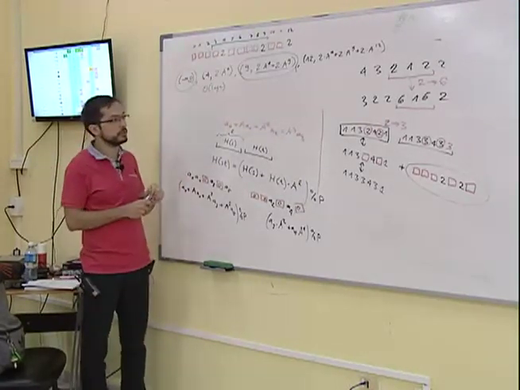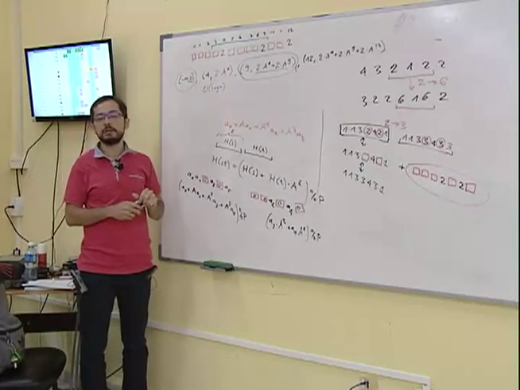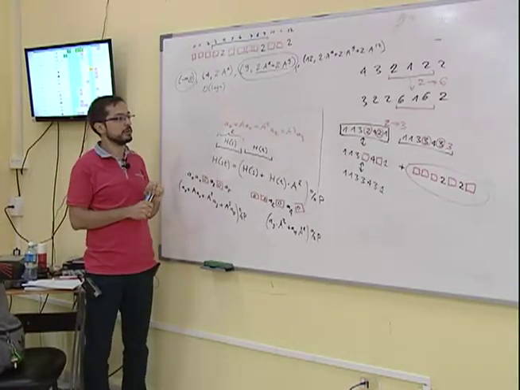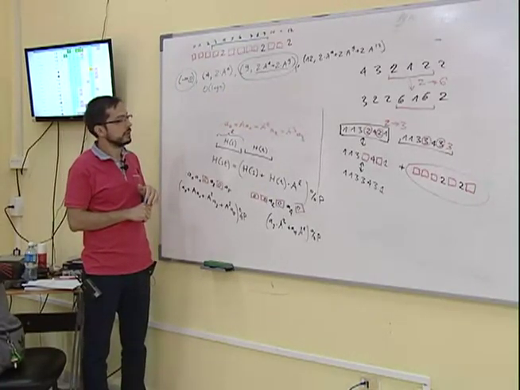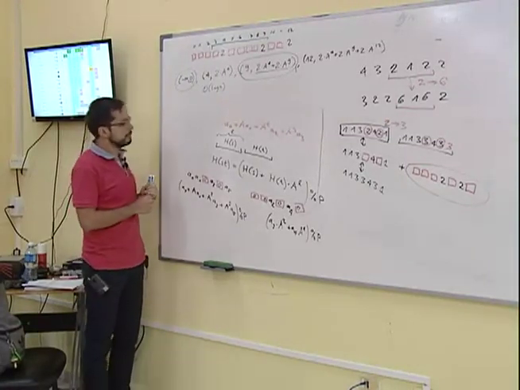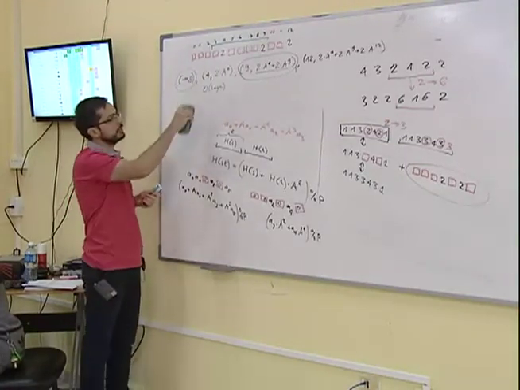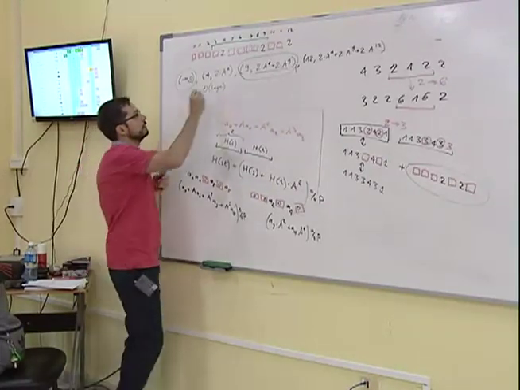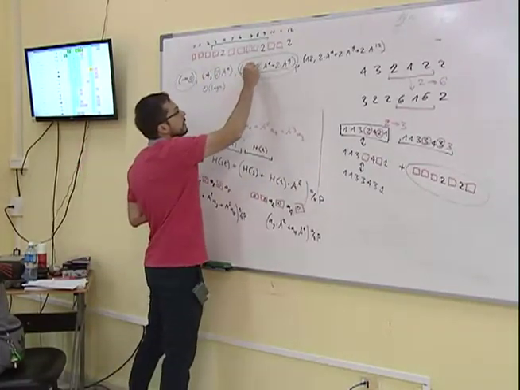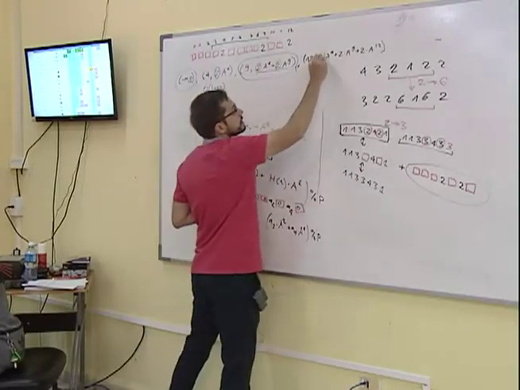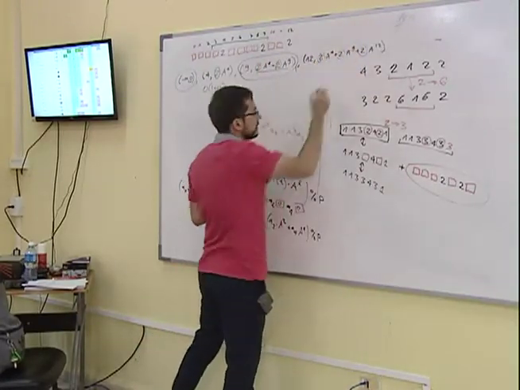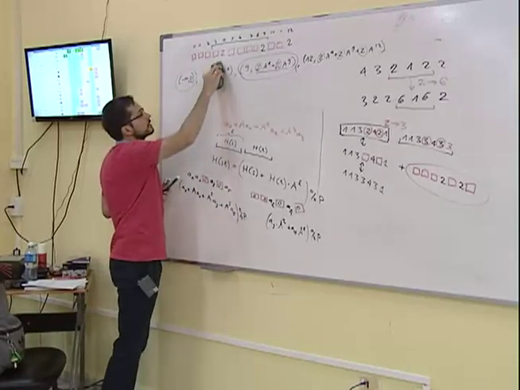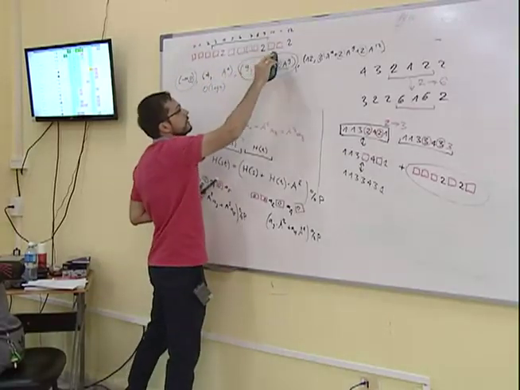So in total, the preprocessing part for this one will also be linear. One simplification we can do here is that because all these values of 2 are the same, we can get rid of them. So we can just remove these values.